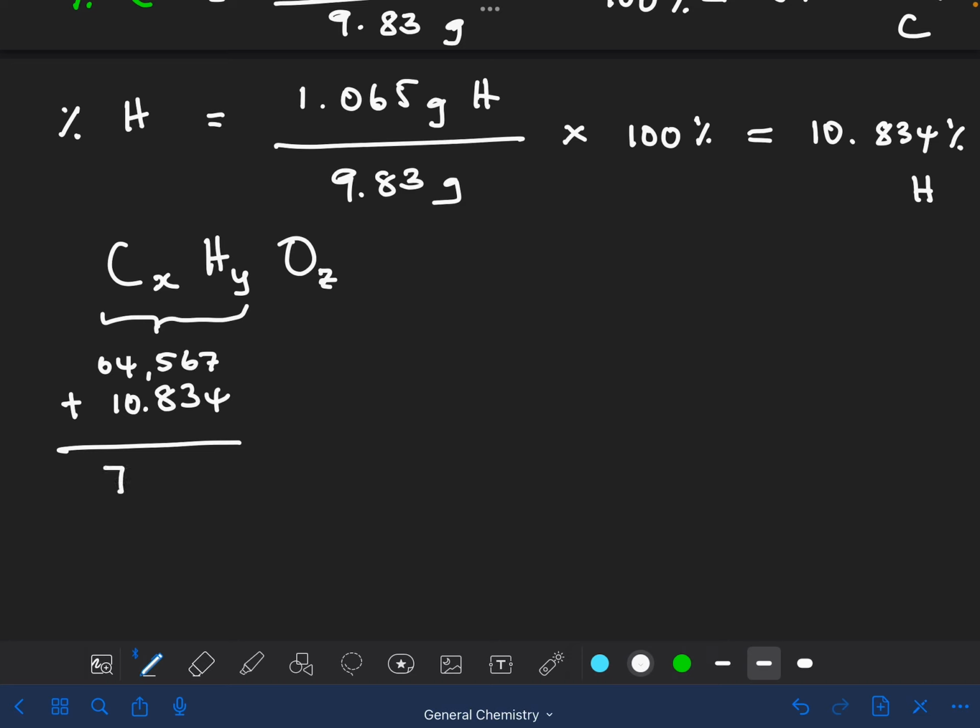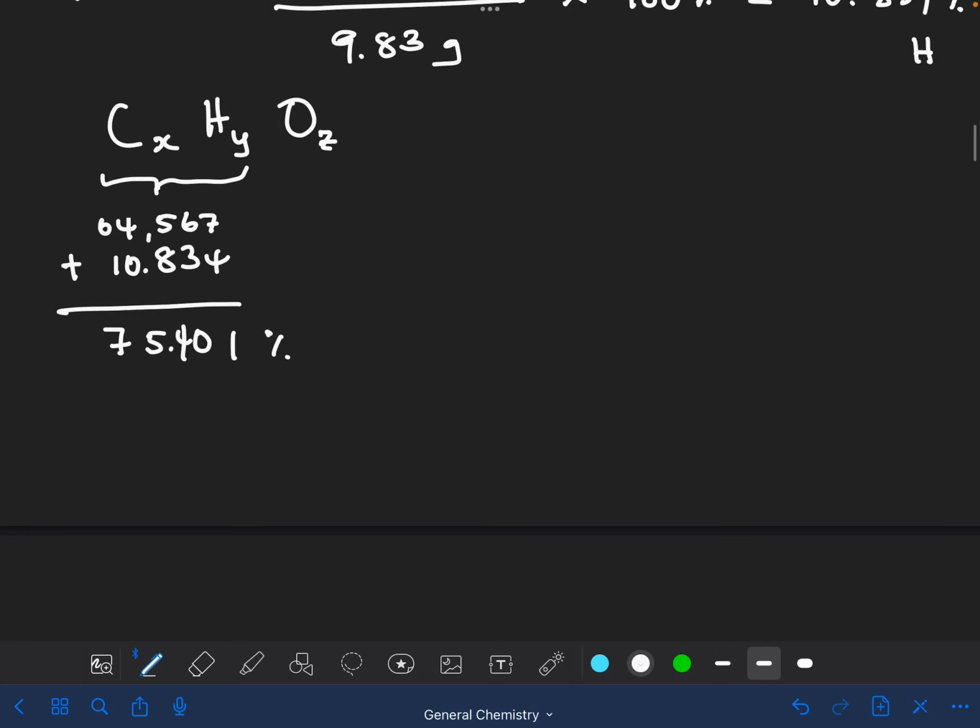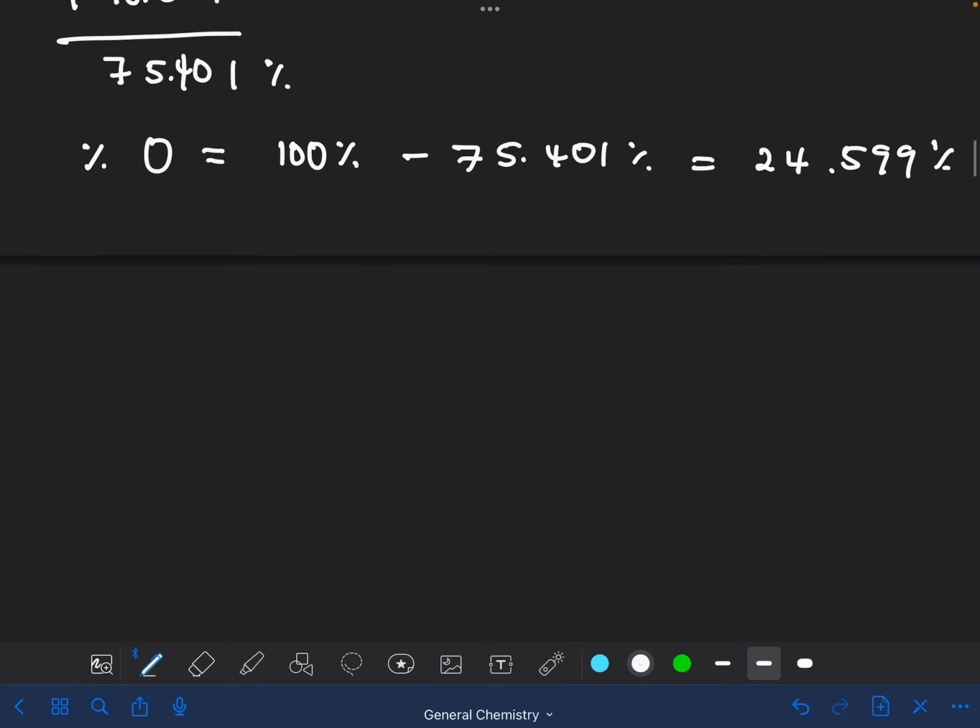So both of these are 75.401 percent. So obviously for oxygen now, the percentage composition of oxygen will be 100% minus 75.401%, and then we are going to get 24.599%.